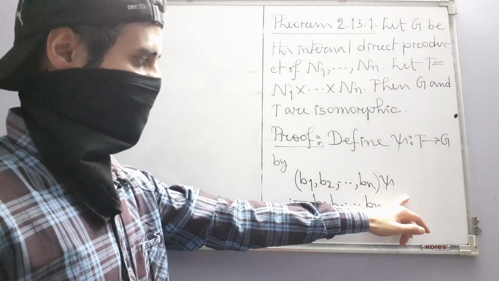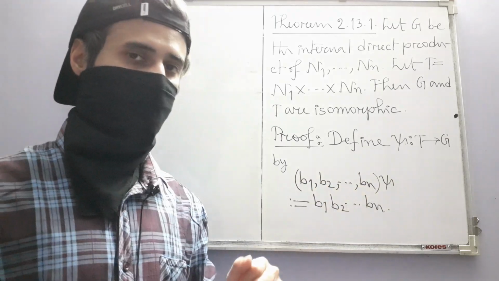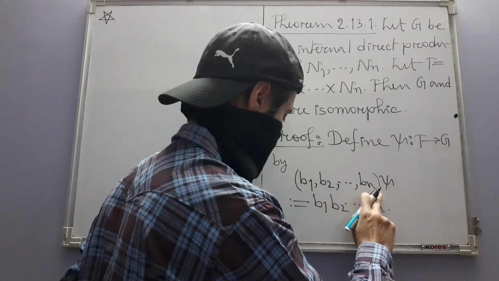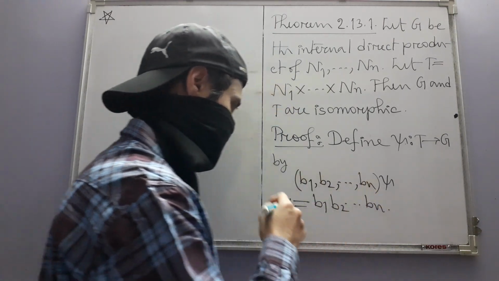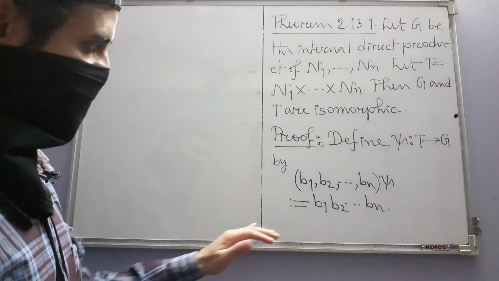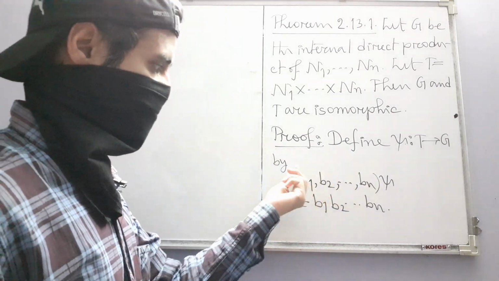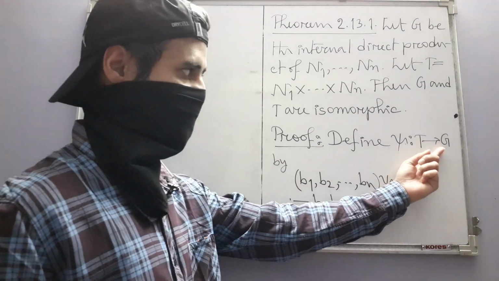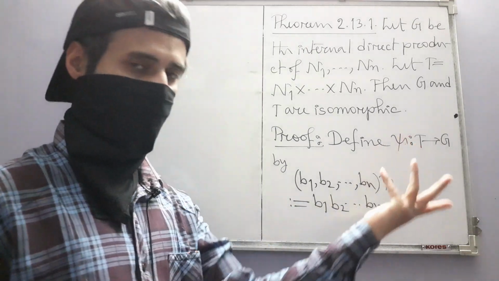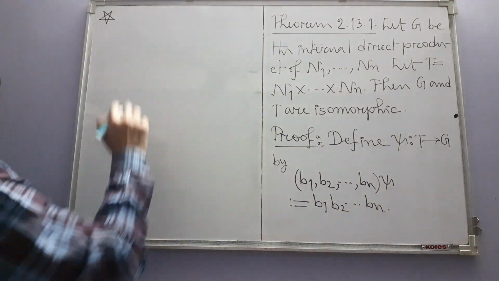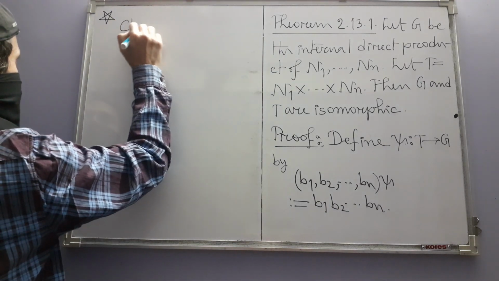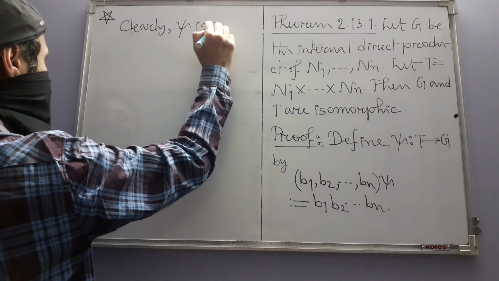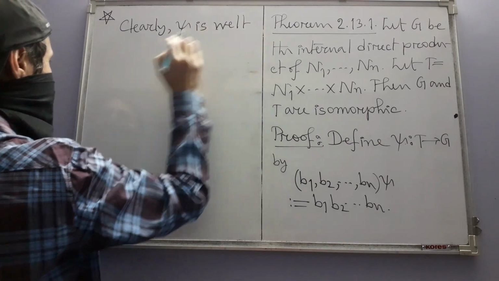If two n-tuples are equal, then their corresponding components need to be equal, and that is why once you have an n-tuple, these bi's are uniquely determined. That means for our given input, we have unique bi's, and so their product in G is going to give us a unique element, of course, again in G. That is why we simply write, clearly psi is well defined.